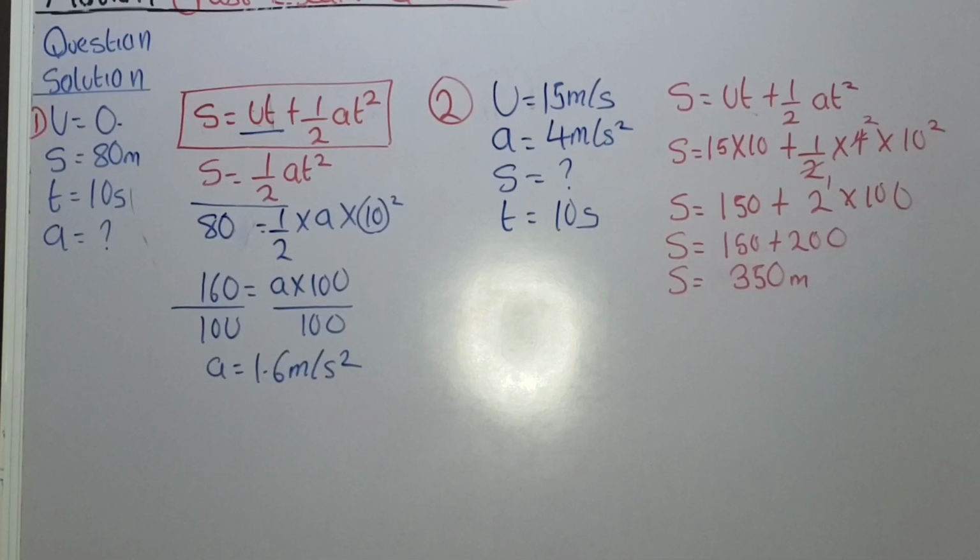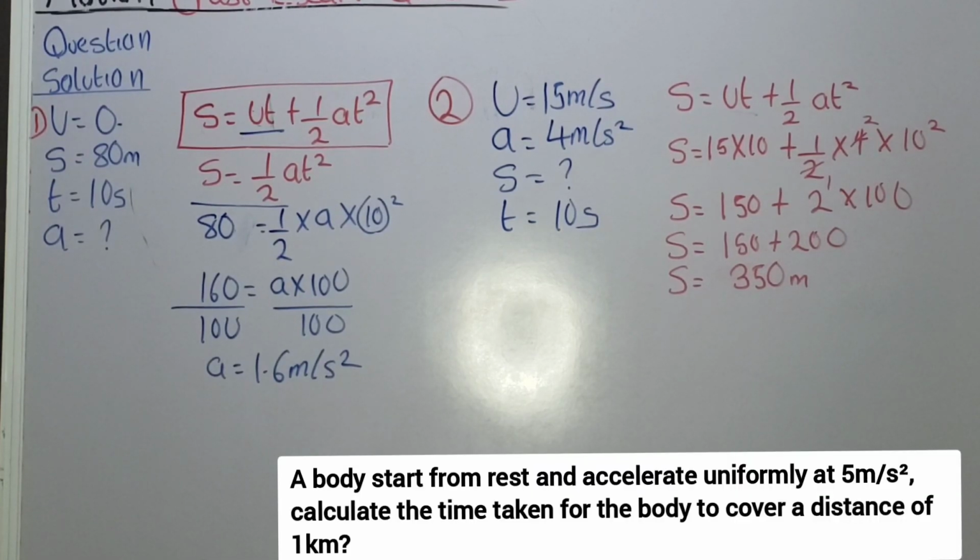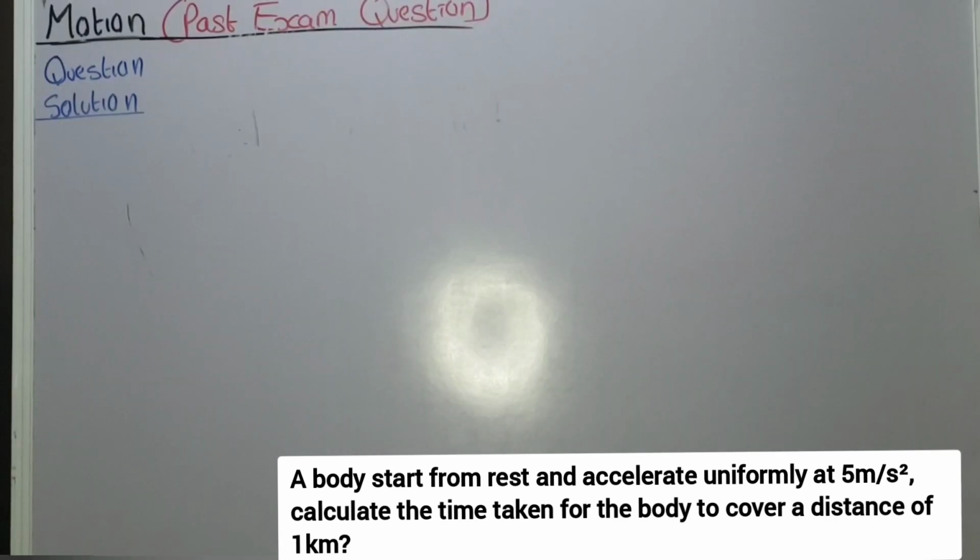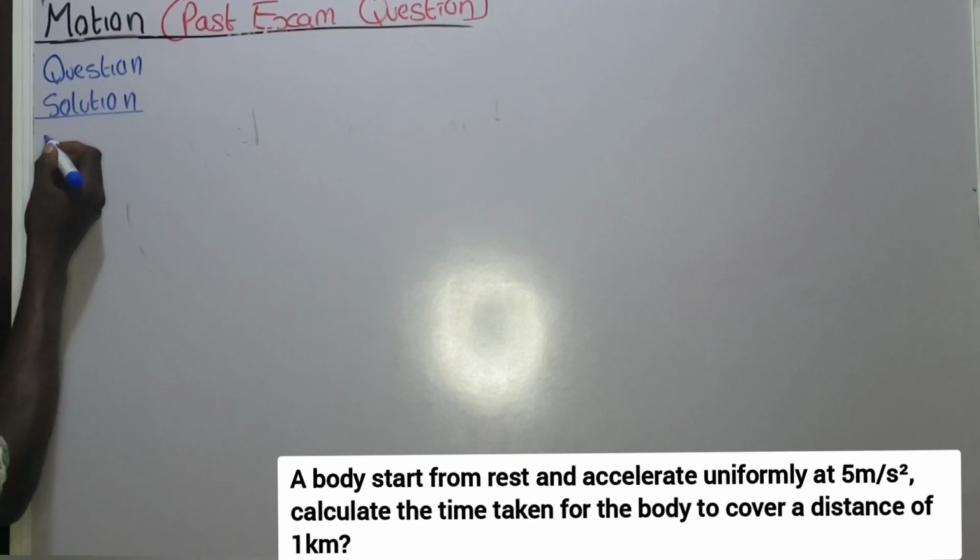Question 3. A body starts from rest and accelerates uniformly at 5 meters per second squared. Calculate the time taken by the body to cover a distance of 1 kilometer. We are given in the question that the body starts from rest, so the initial velocity of that body is 0.